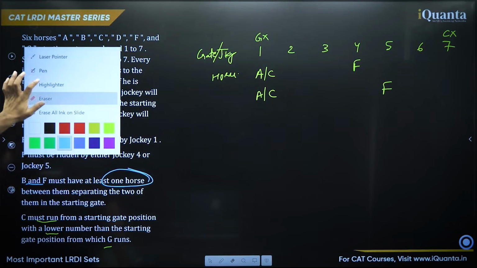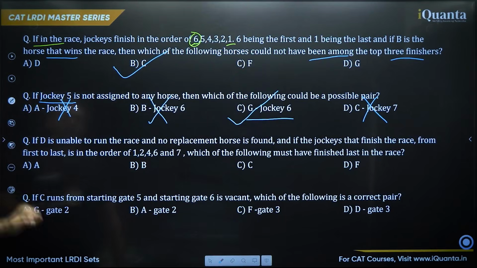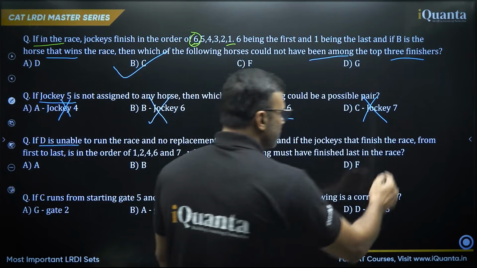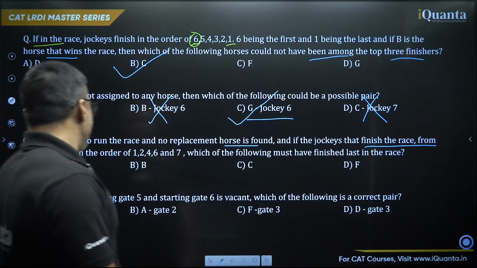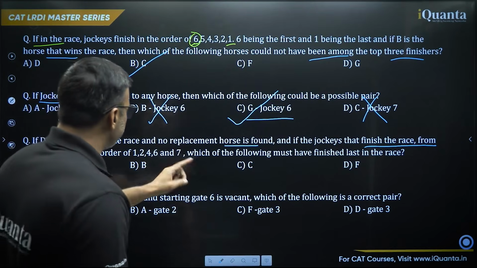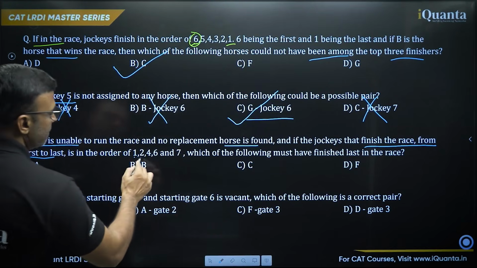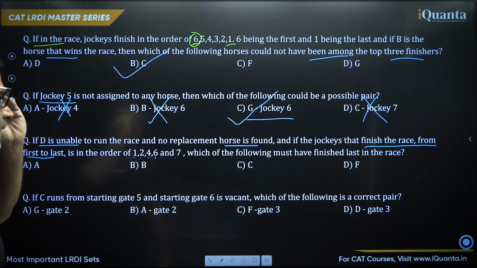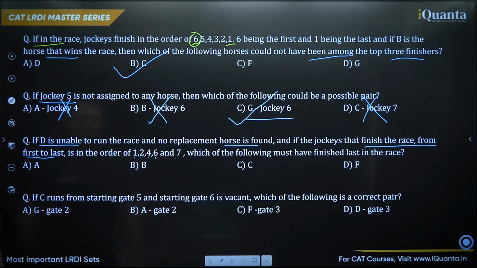Okay. Now, coming back to the third one. If D is unable to run the race and no replacement horse is found, and if the jockeys that finish the race from first to last are in the order of 1, 2, 4, 6, 7, so now there are only 5 racers. Which of the following must have finished last in the race?